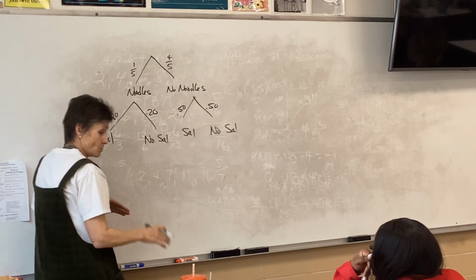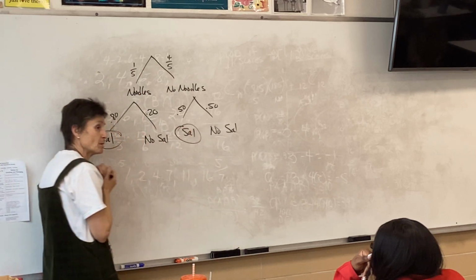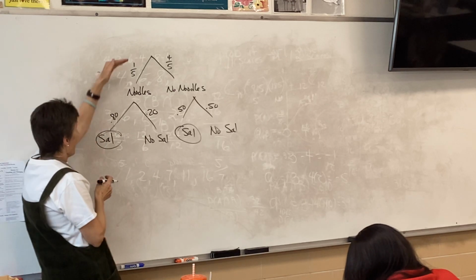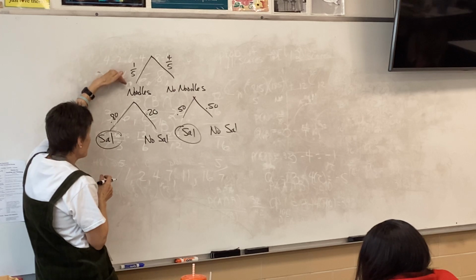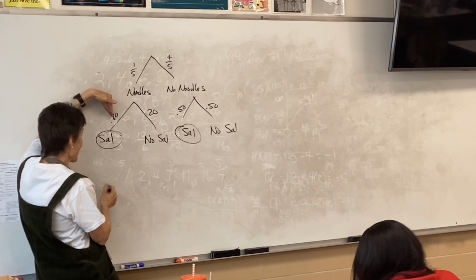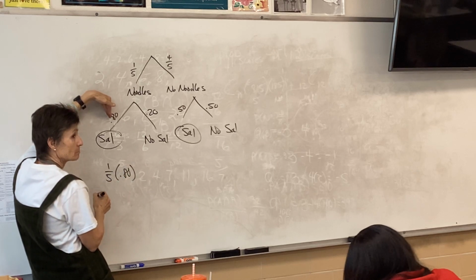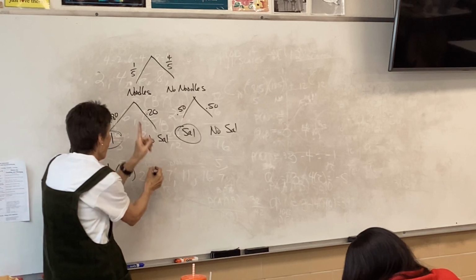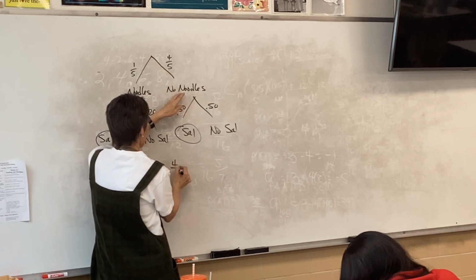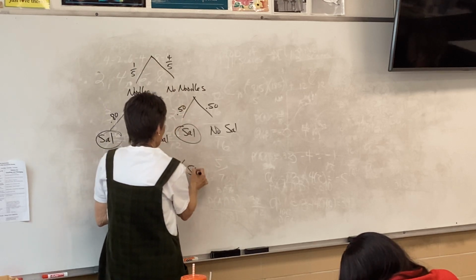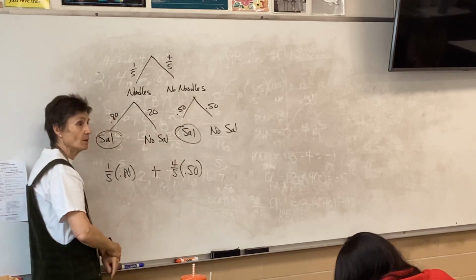To get the answer to the question, which is find the probability I'm going to serve salad, I'm going to multiply these. So noodles and salad is 1/5 times 0.80. Or no noodles and salad is 4/5 times 0.50.